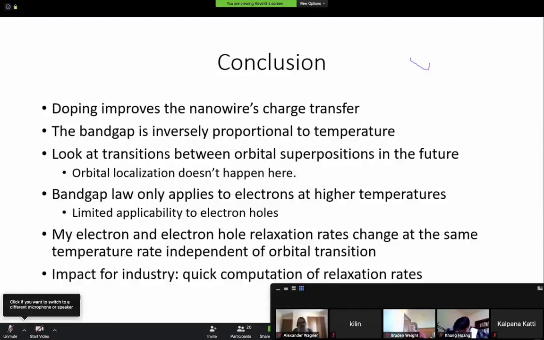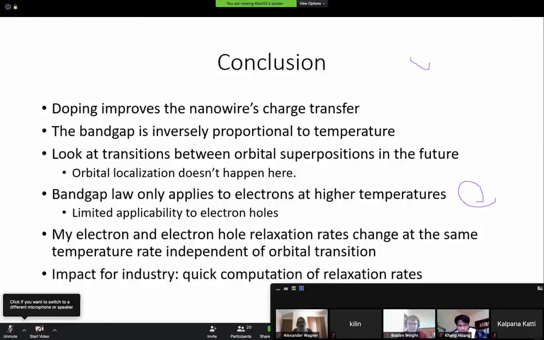And just a quick remark: how is my research going to impact industry? In the past, researchers have had to perform experiments to find the relaxation rates of these nanowires, and they would take a lot of time and effort.